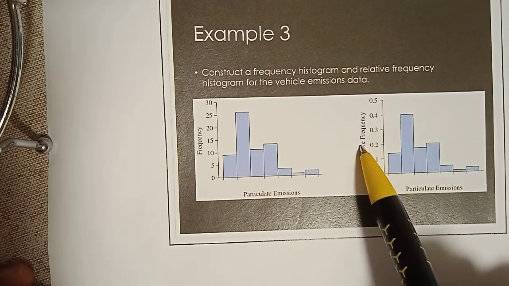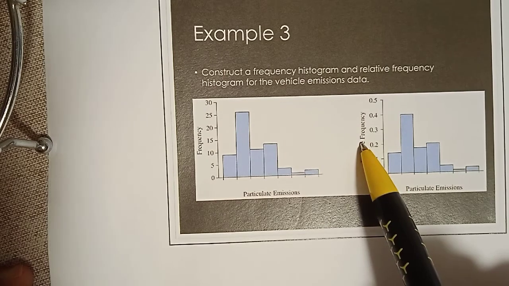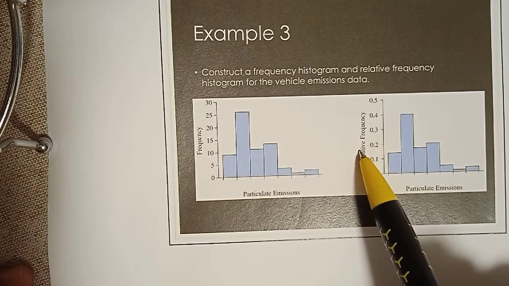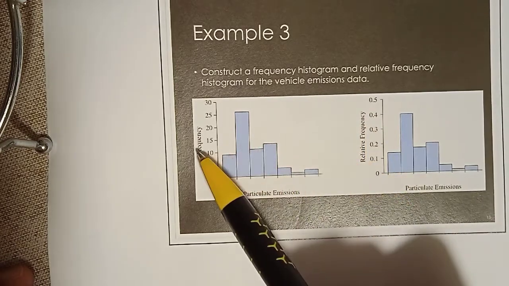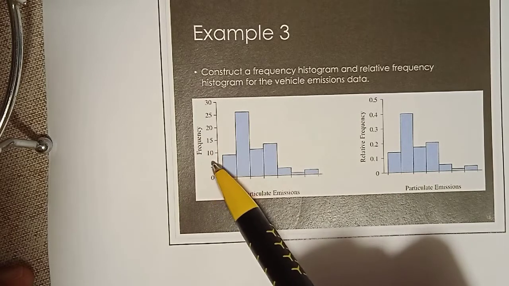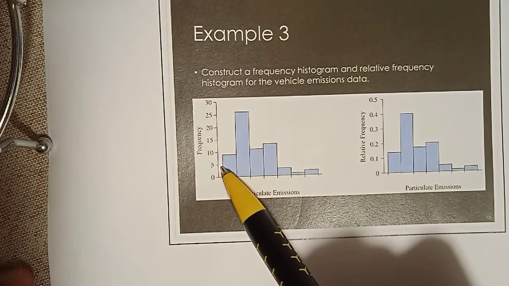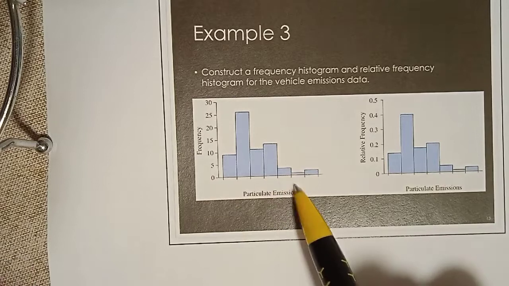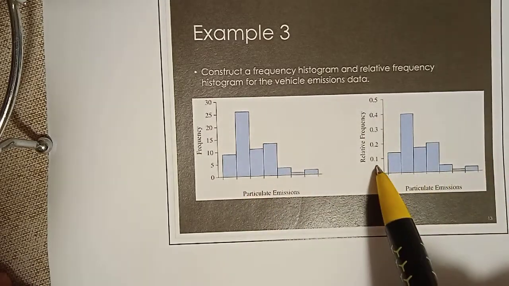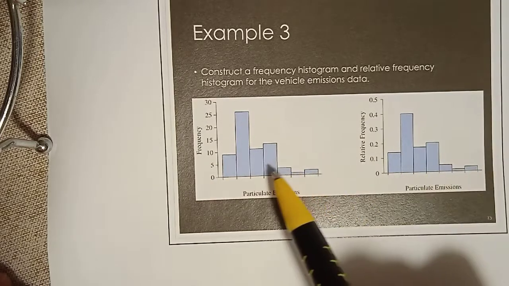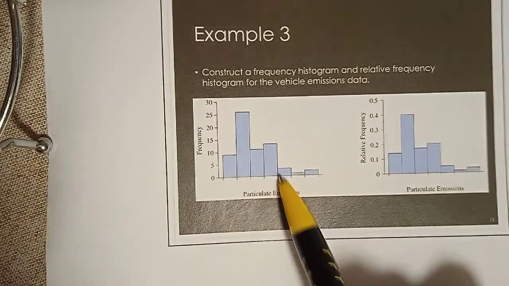For relative frequency, we divide each frequency by the total frequency, so the scale is smaller. Whereas for the frequency, we get the frequency for each class. So this is some form of how information is displayed in histogram form.